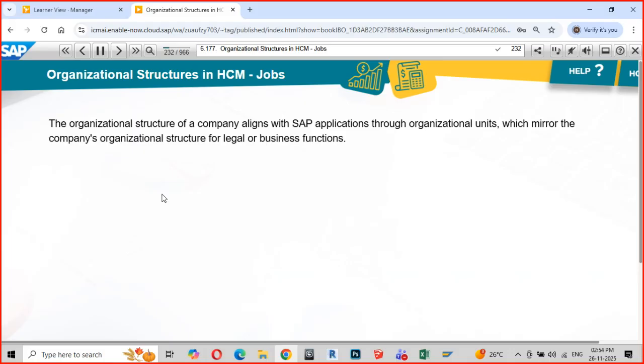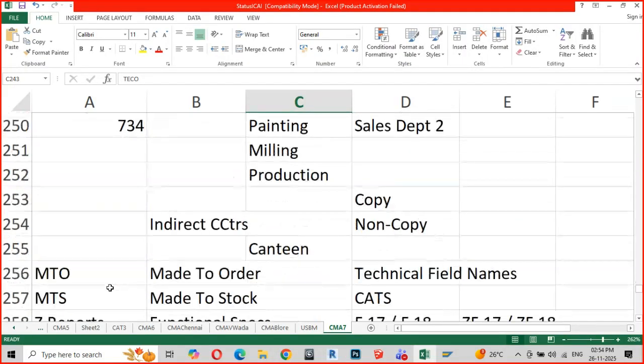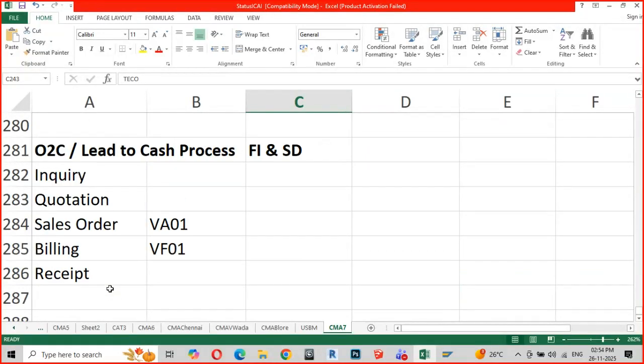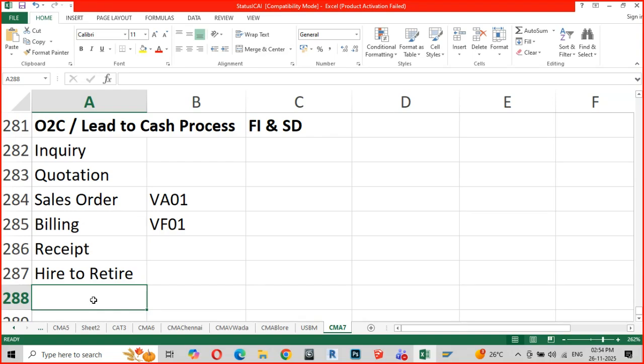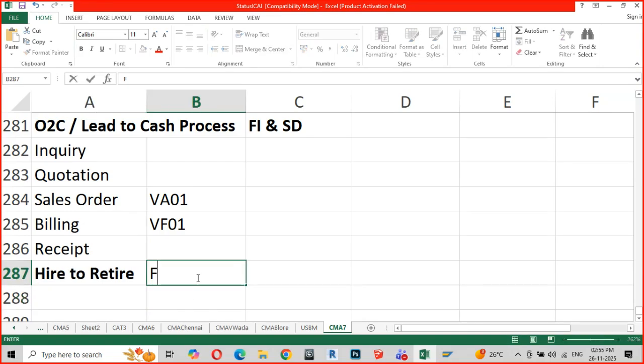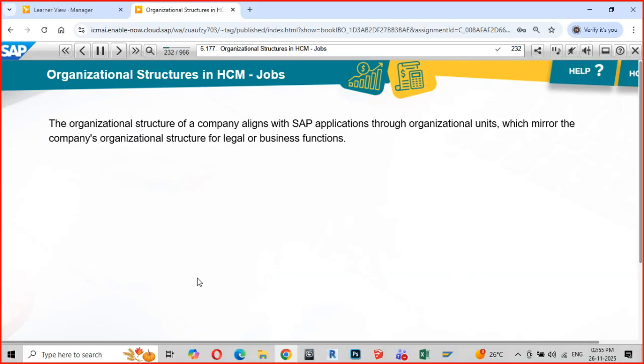So here the hire to retire cycle is between basically two areas, payroll and your travel management.